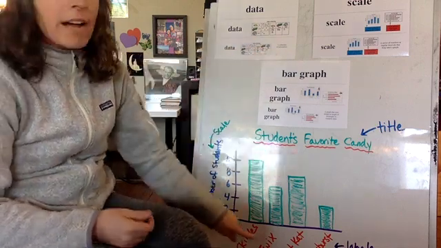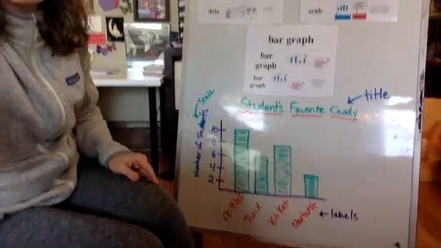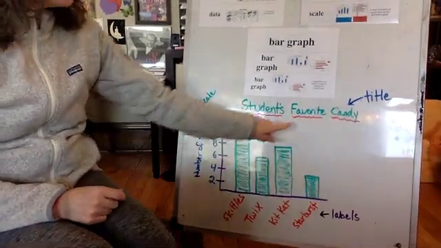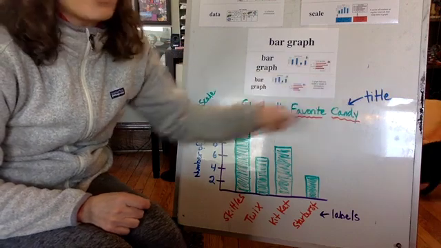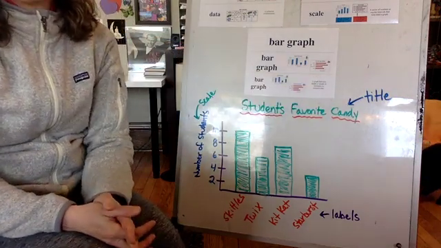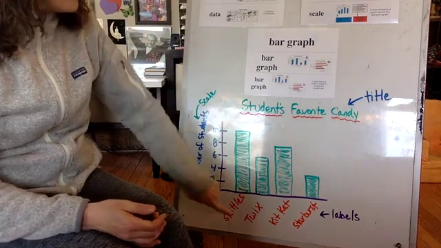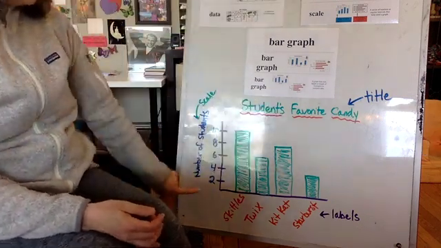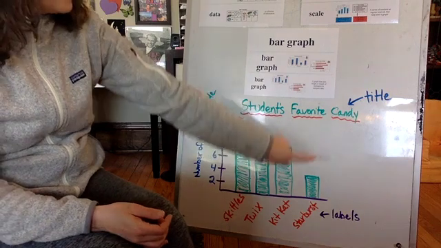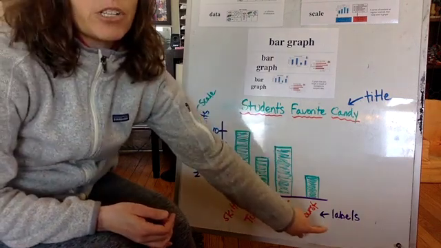Our bar graph right down here is titled Student's Favorite Candy. The title tells what the graph is going to be all about. The next thing we're going to look at is what's called the labels.